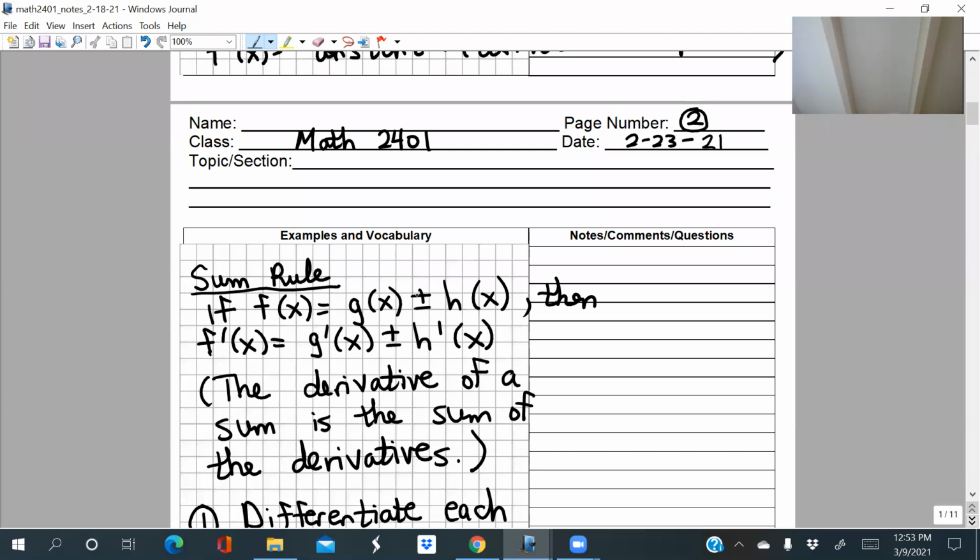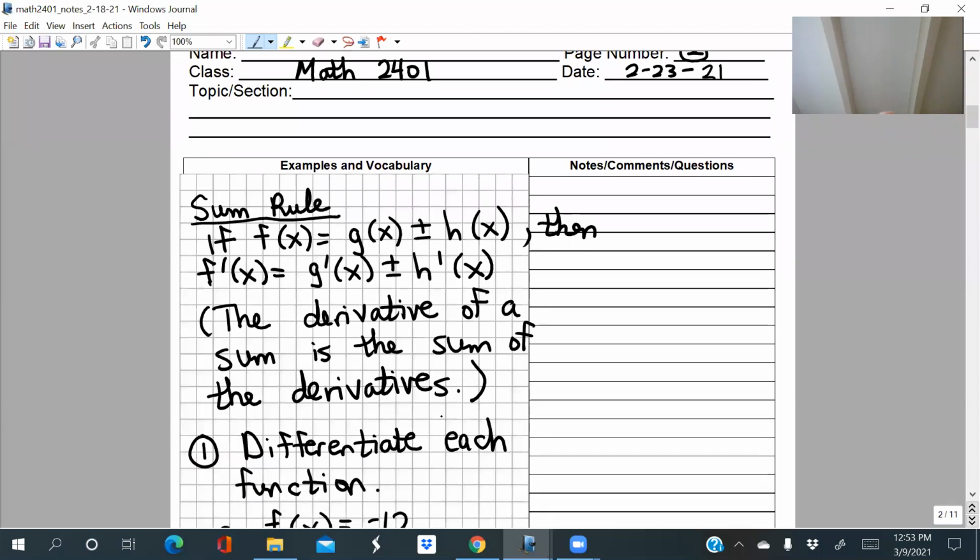So if you're taking the derivative of a sum, an expression plus a second expression, just take the derivatives of the two expressions separately. So a derivative of a sum is the sum of the derivatives. Very easy rule. Very nice rule, okay?